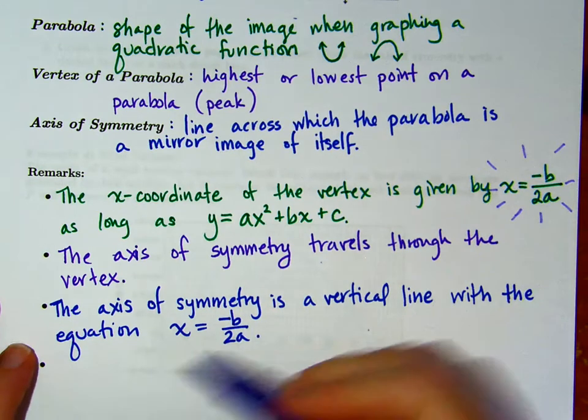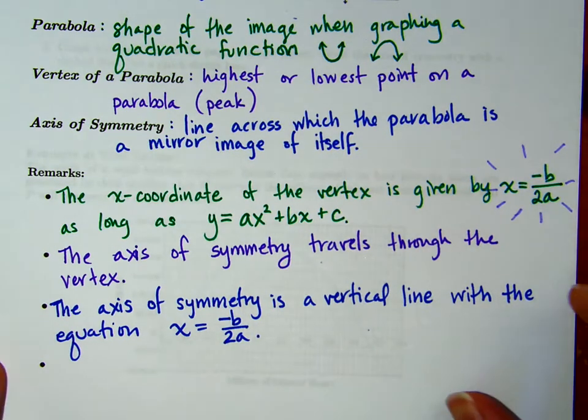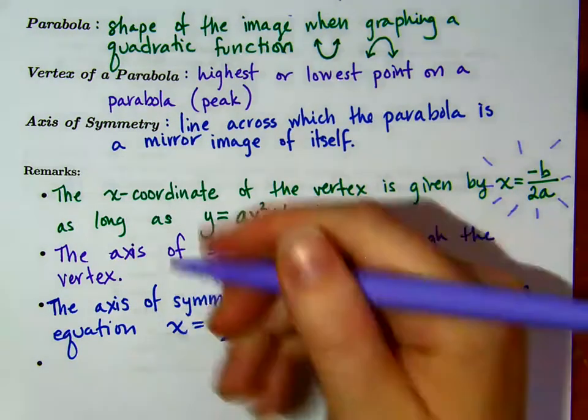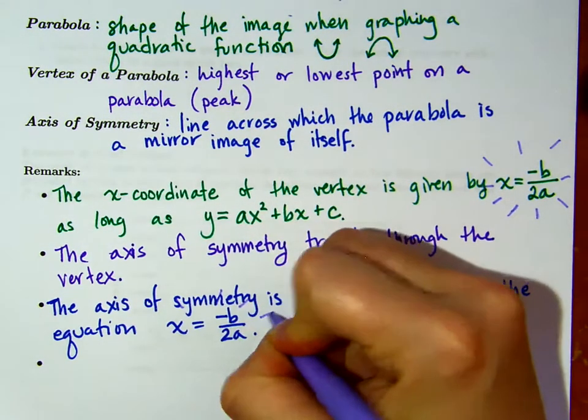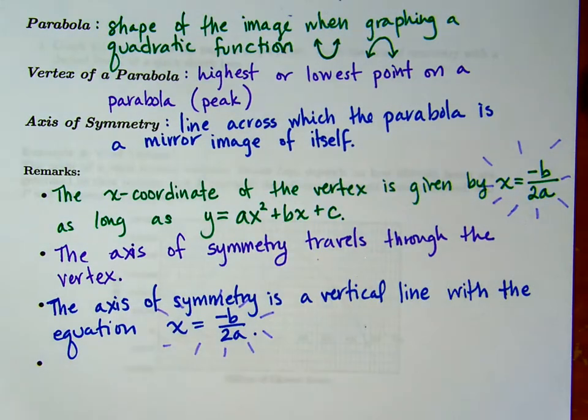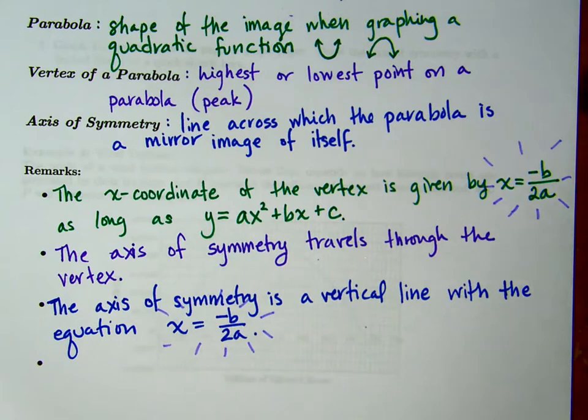So as long as you remember this formula, you get two for one there. Okay, so opposite of b over 2a, but again, that is just for the x, and now it's also the equation for that vertical line.